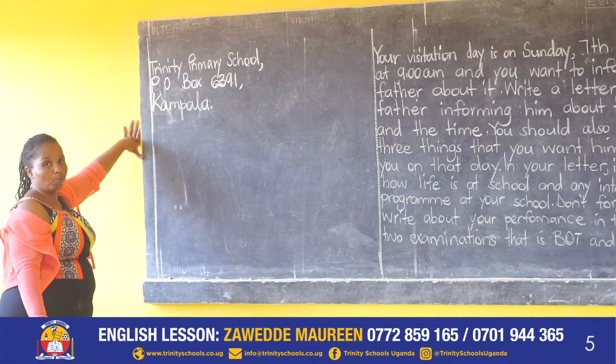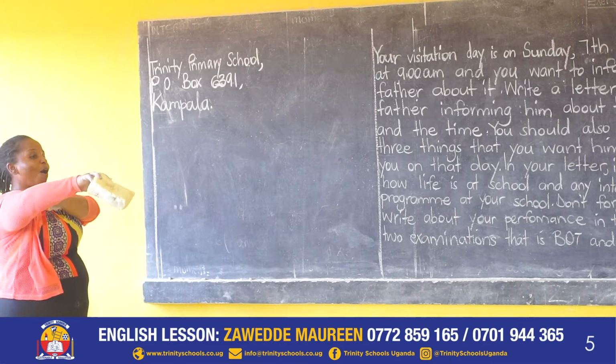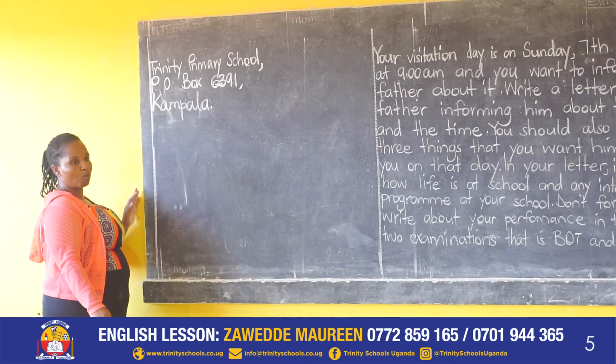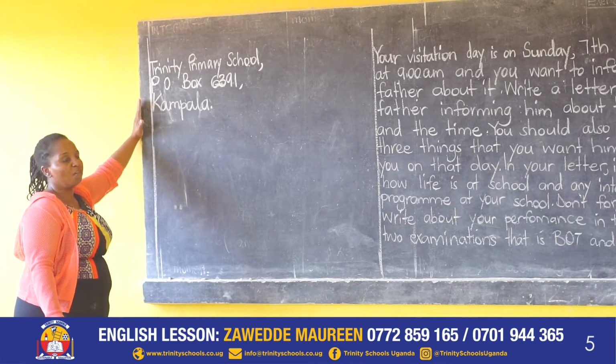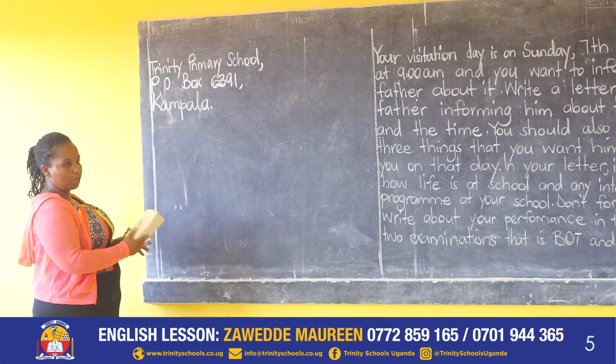This is called the full block. There is the indented type, which our counterparts in the secondary school love most, but in primary school, even at KLE, the full block is highly recommended.